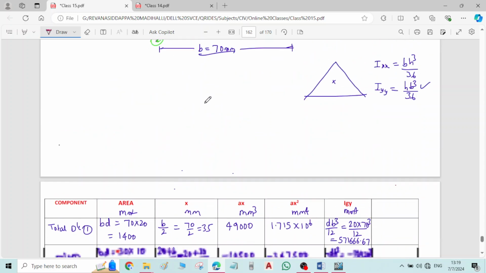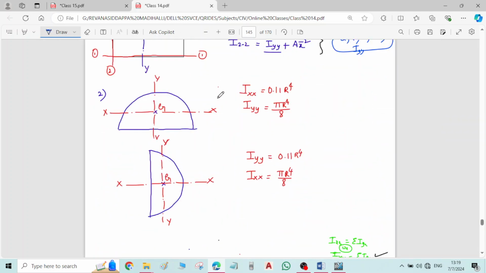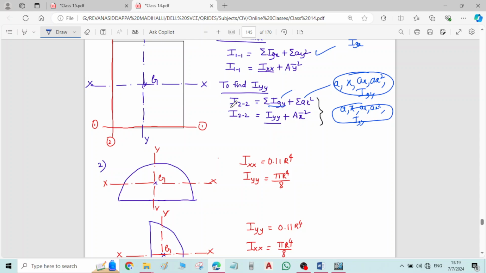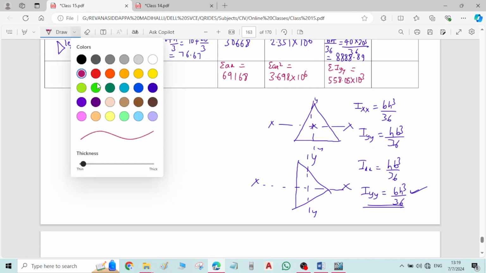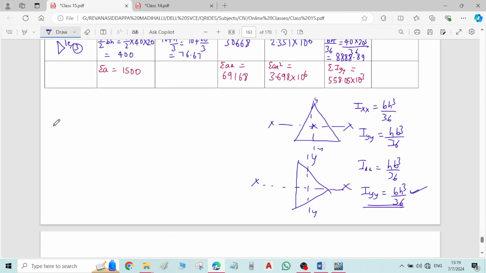Now we have two formulae to find the IYY. First formula is what? I22 is equal to sigma IGY plus sigma AX square. Let me use that formula first. Sigma IGY is 558.05 into 10 power 3.